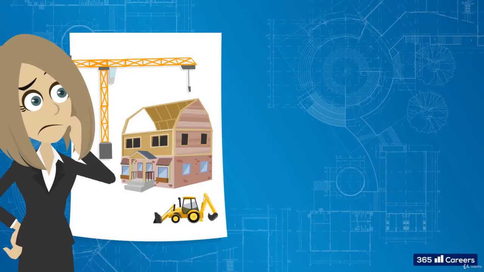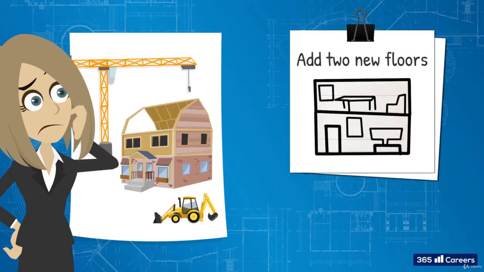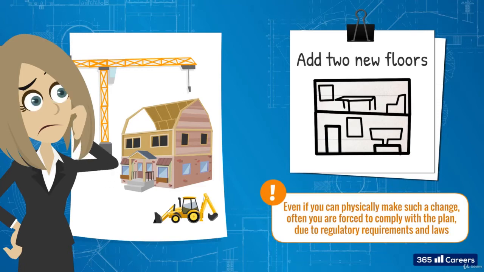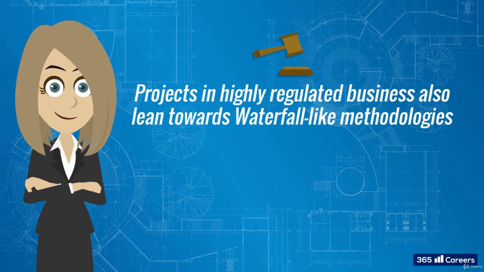It will be quite hard to change the architectural plan of a building and add 2 extra floors when it is halfway through. Note that even if you can physically make such a change, often you are forced to comply with the plan due to regulatory requirements and laws. Hence, projects in highly regulated business also lean towards waterfall-like methodologies.